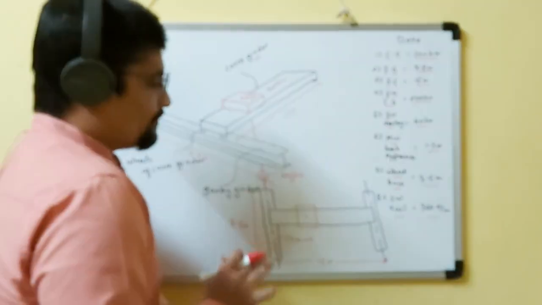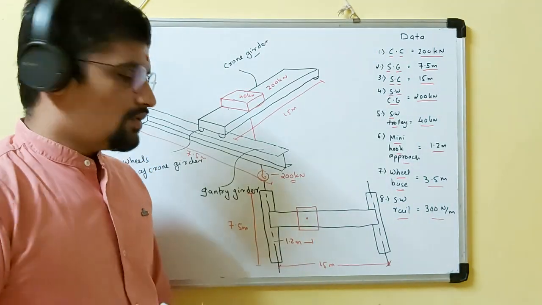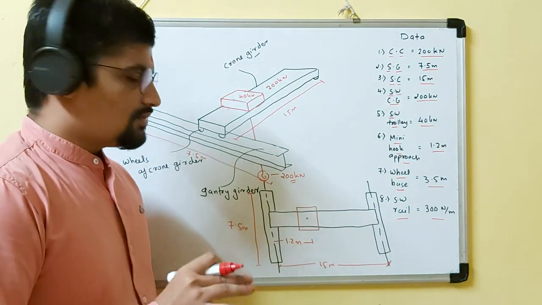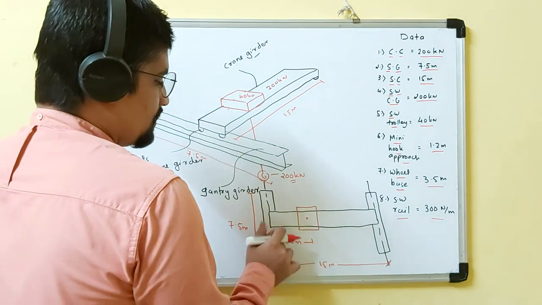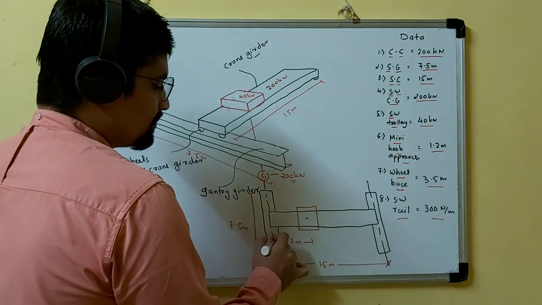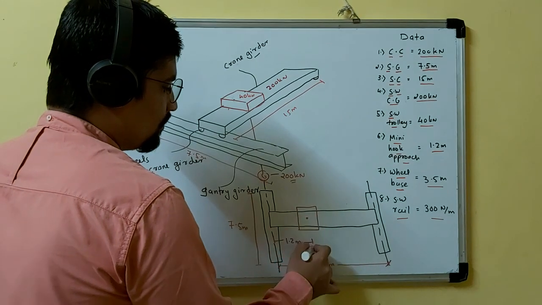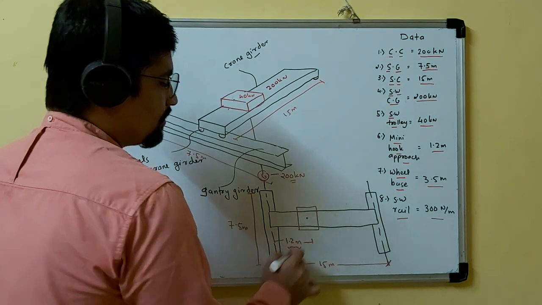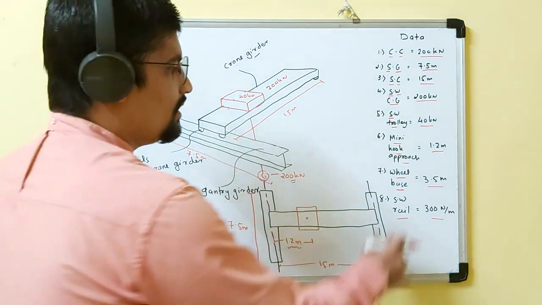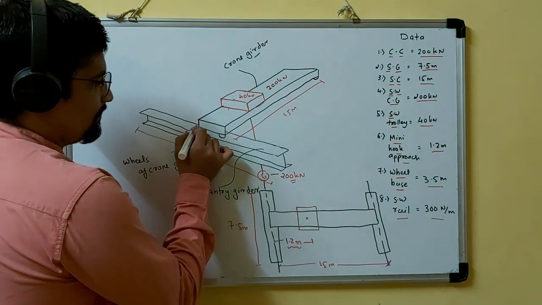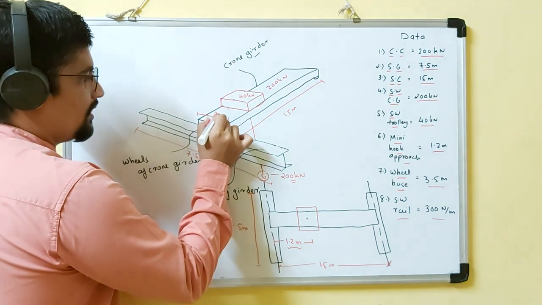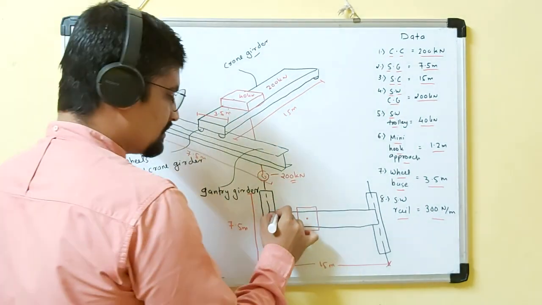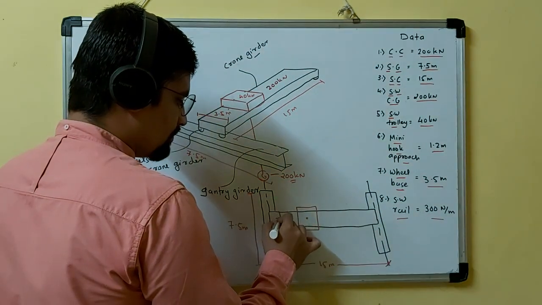So you have to decide near which edge you have to put your hook. So the hook approach means the distance from this end to the hook, 1.2 meter. Okay. Wheelbase: the distance between two wheels, this distance, is 3.5 meter. Here it is like this, 3.5 meter.